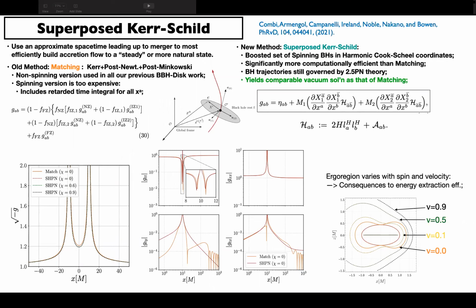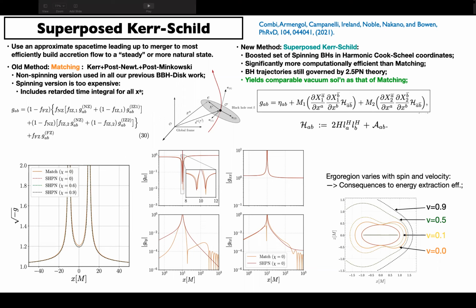And then we made sure that they followed reasonable vacuum solutions. So you can look at the fake mass or deviation from the constraints and compare it to our previous space-time, which is called here the matched method, which is a set of post-Newtonian, post-Minkowski approximations that are connected through these matching conditions that we used before in Bowen et al., but are a lot more expensive.